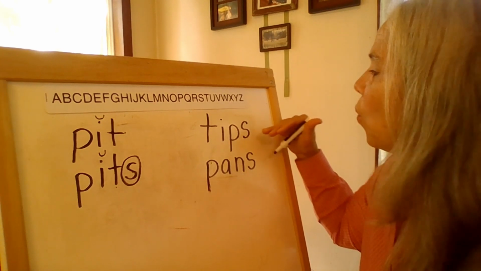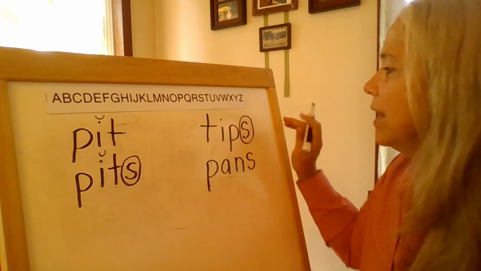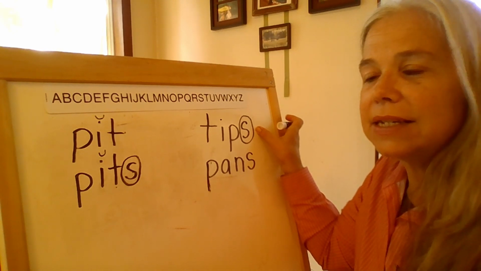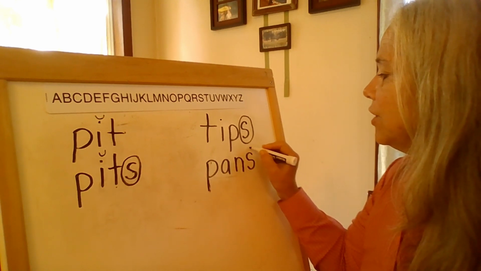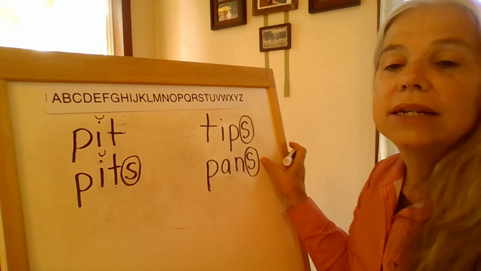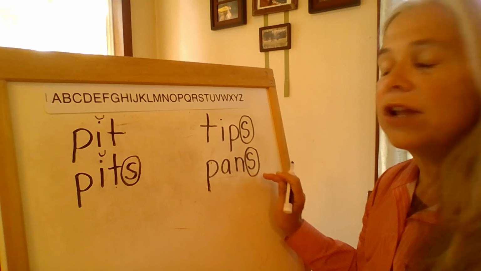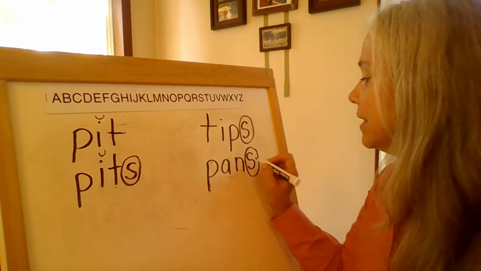Repeat that. What is the sound of suffix S with tips? Correct. It's an S sound. Let's circle our suffix. Repeat this word after me. Pans. What is the sound of this suffix S? Correct. A Z sound.